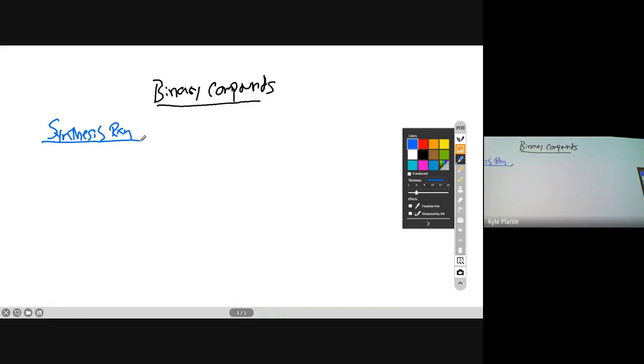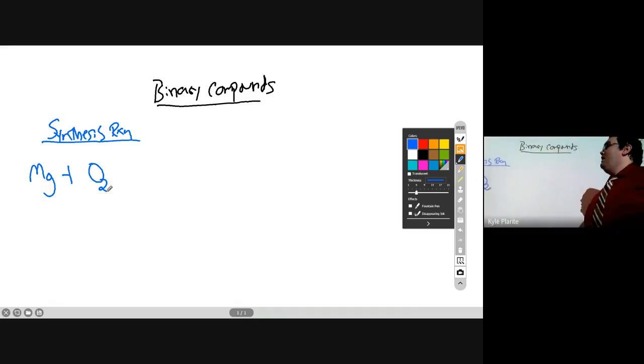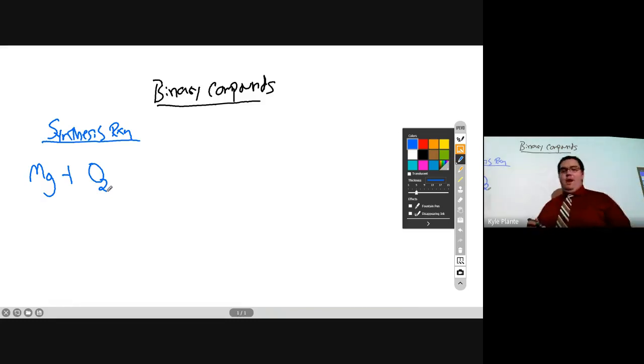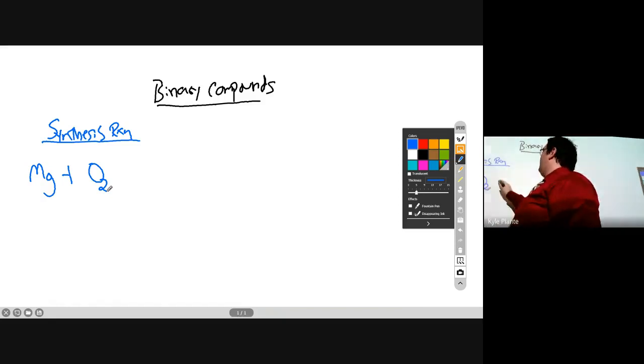So in this case, we're going to start off with two elements. So we have magnesium plus oxygen. In a synthesis reaction, it's easy to see right away because it's two elements. Two elements reacting is always going to be a synthesis reaction. So to make this compound, we just combine the two elements together.